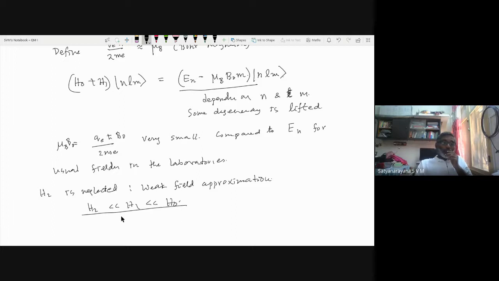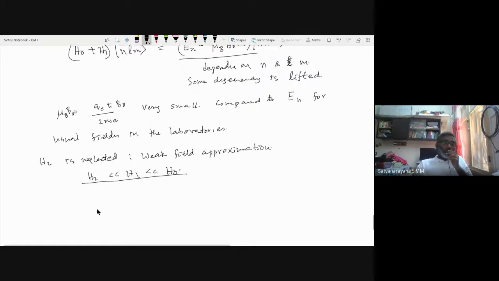So if you want to get the effect of H2, the effect of H2 can be seen only if H1 is not present.